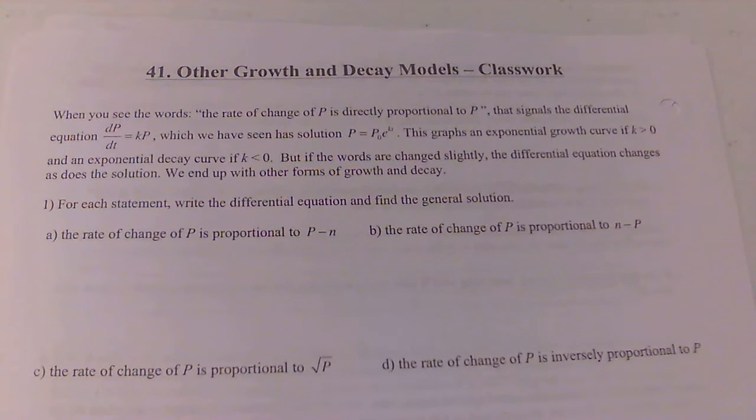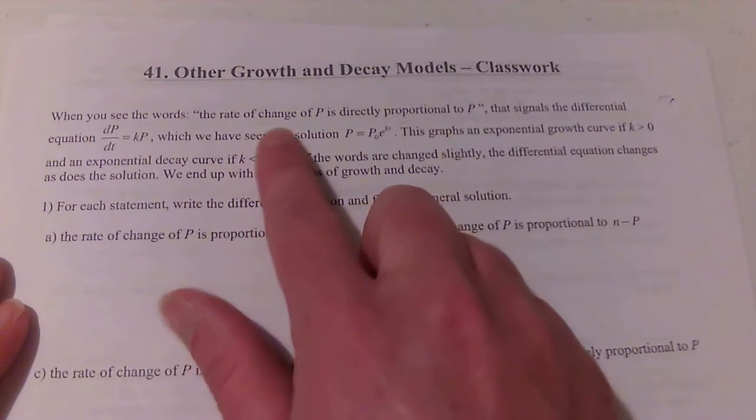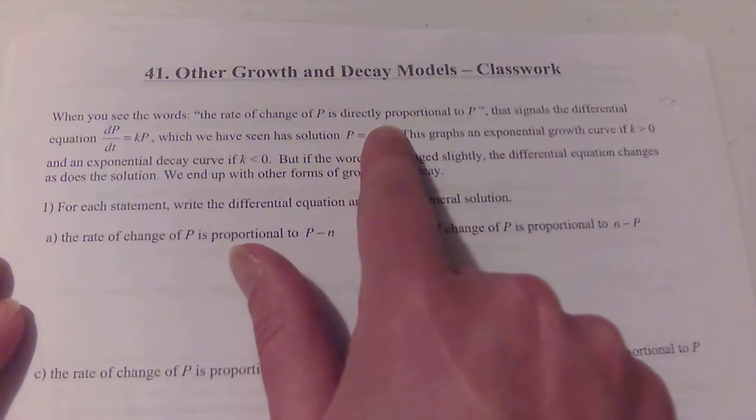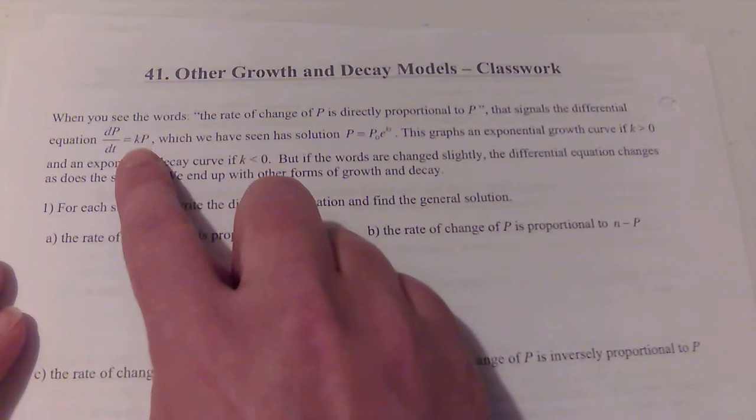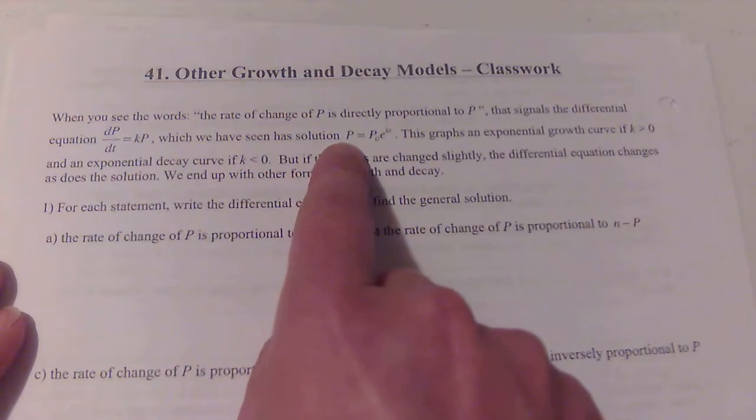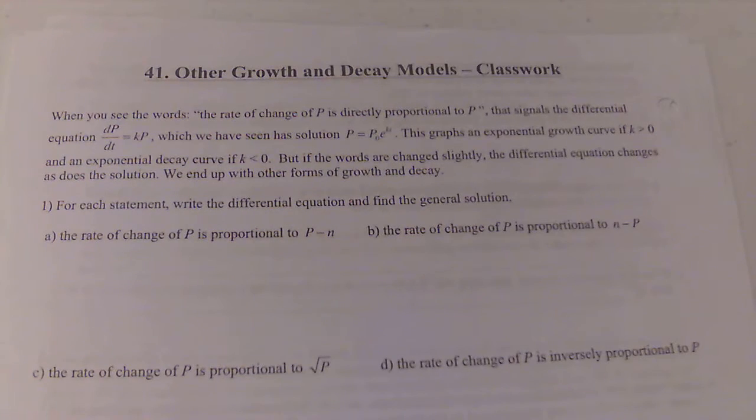In the last set of notes, we saw that the rate of change was always directly proportional to p. So we ended up having this differential equation, which always had the same solution, exponential growth or decay, and it was pretty easy to solve.